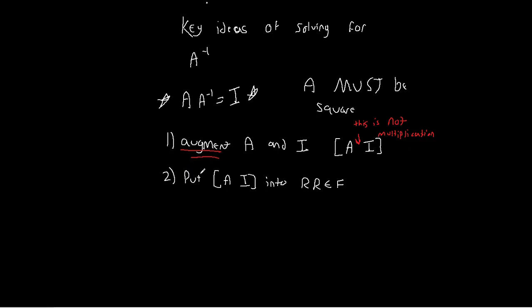But basically, when we put A I into reduced row echelon form, something magical happens. We end up with an augmented matrix where the first part is our identity matrix, and the second part is our inverse matrix. So putting A I into reduced row echelon form magically gives us I augmented with our inverse matrix.